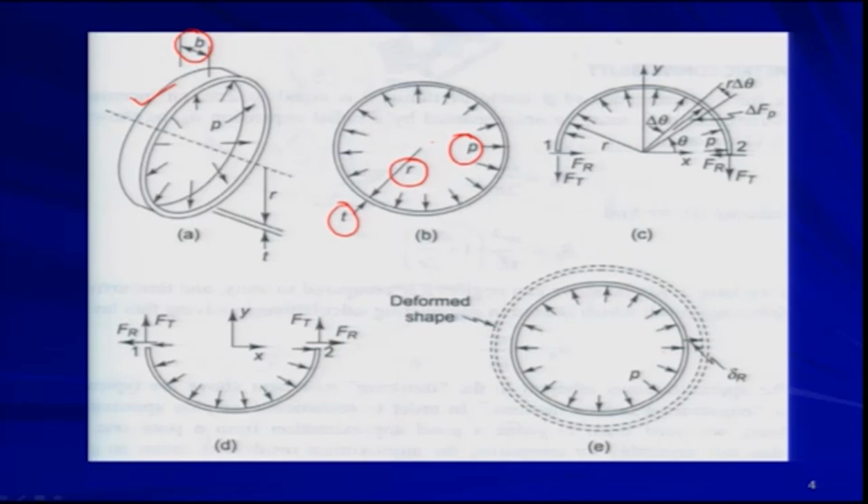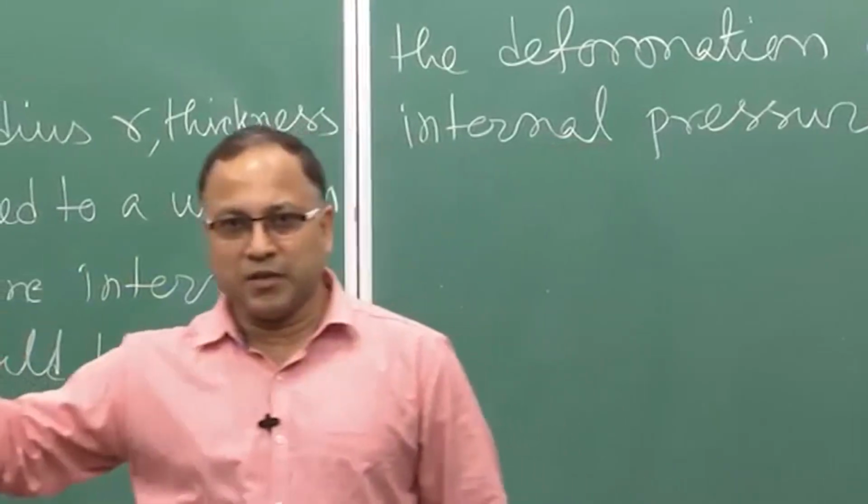Now, as I told you, what should be your first approach? The first approach is to draw the free body diagram. Now, we are cutting the whole hoop into two halves. This is your upper half and this is your lower half. Figure C gives you the upper half, that means you are cutting through the horizontal plane.